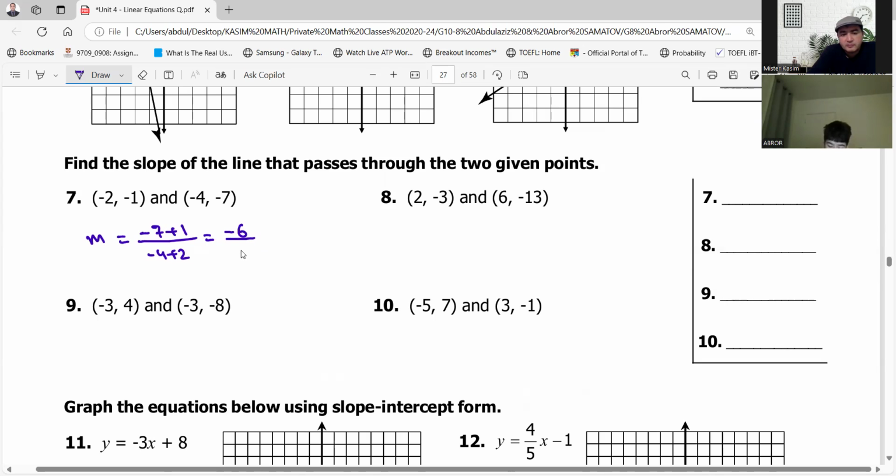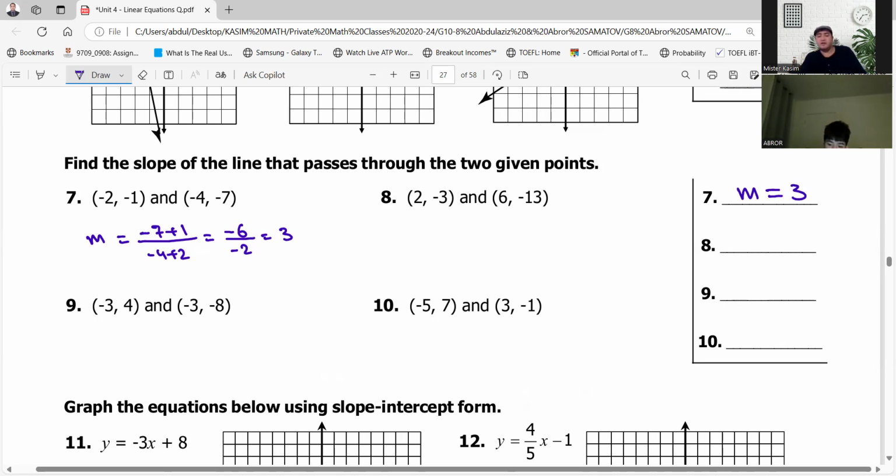That's -6 over -2, which equals positive 3, because minus minus, they cancel each other. 6 divided by 2 is 3. So the slope of the line which passes through the given points is 3.